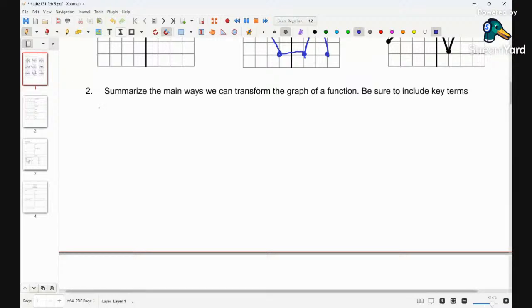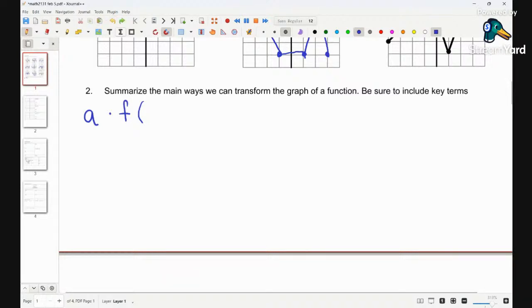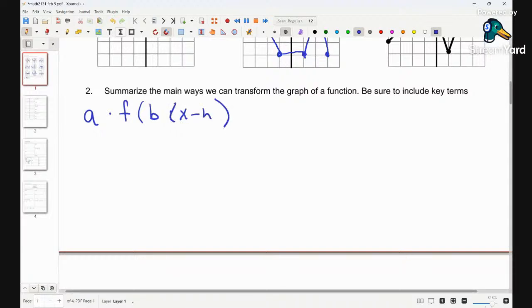And I'm going to just guide this the tiniest bit, because if you do any web sleuthing or you take another course or a textbook, you're probably going to see A times a function of B times (x minus H). So B and H are inside, like inside the function.